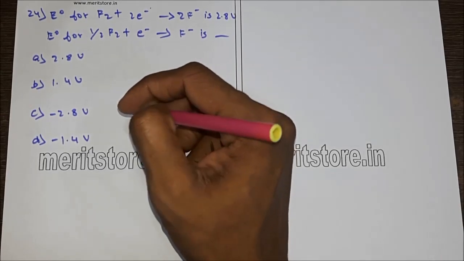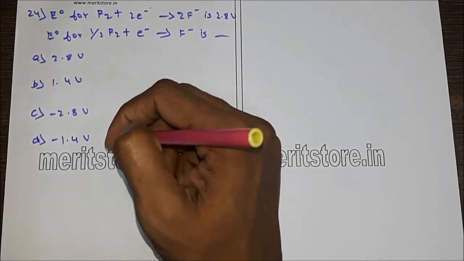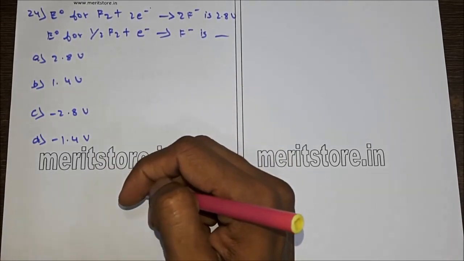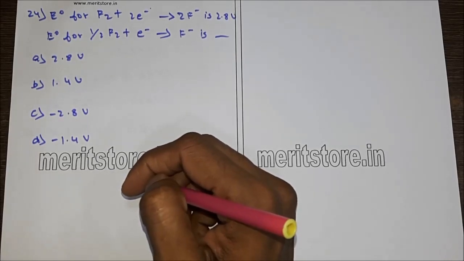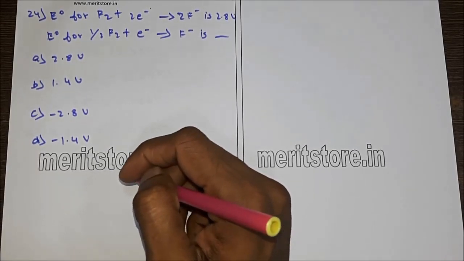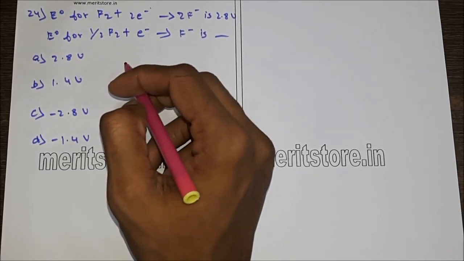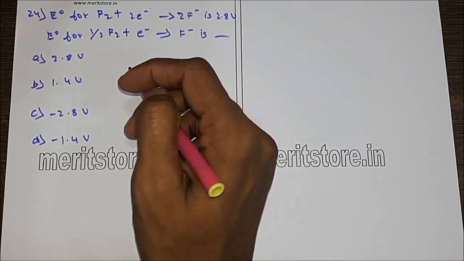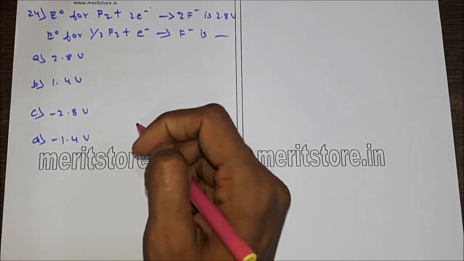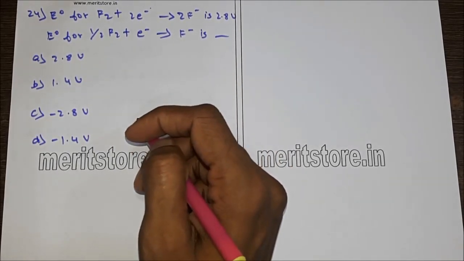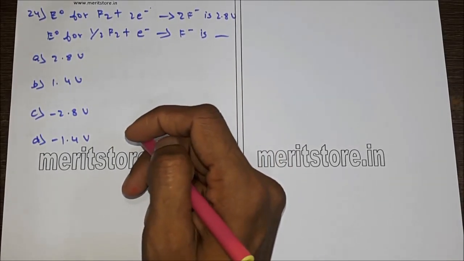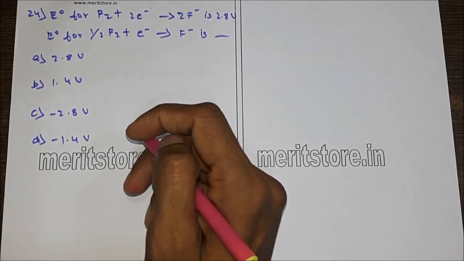So electrical potential is an intensive property. Thus, whenever a half reaction is multiplied by a numerical factor to balance the number of electrons, the corresponding standard electrode potential value is not to be multiplied by the factor.